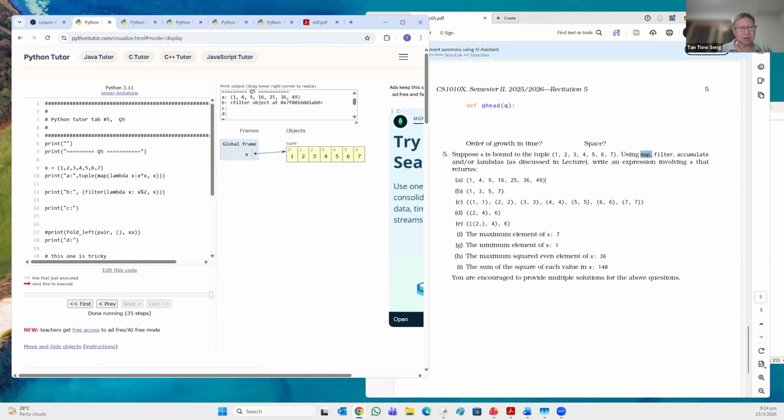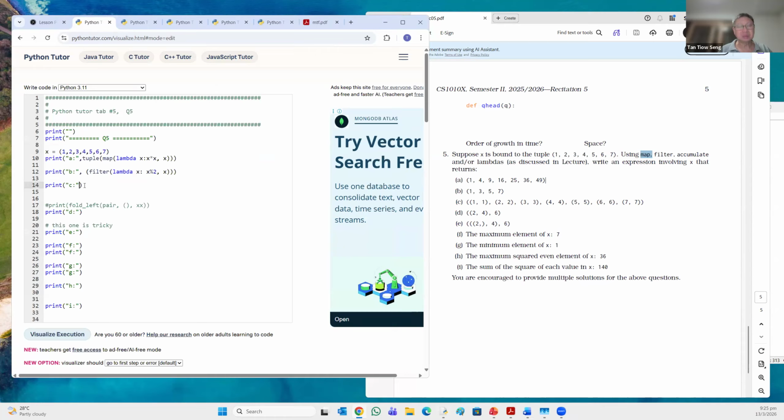You just simply make the pair yourself. Basically, it's a map of every element into this guy, and X is this guy.